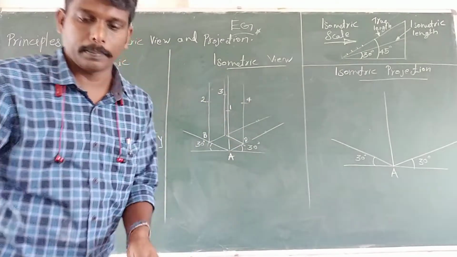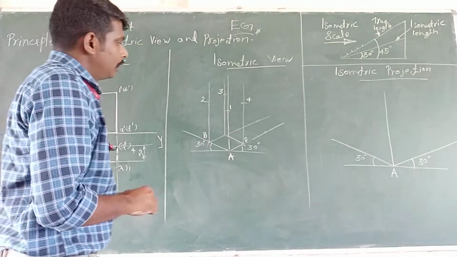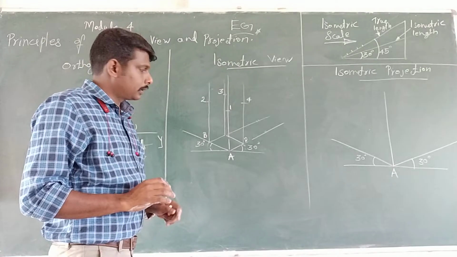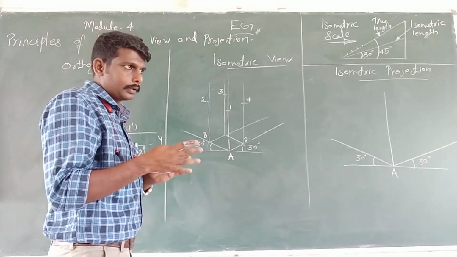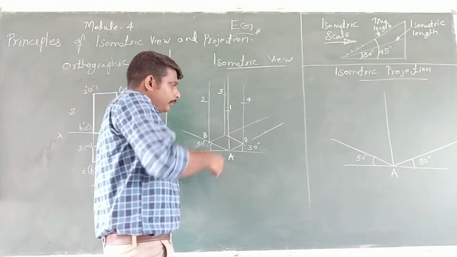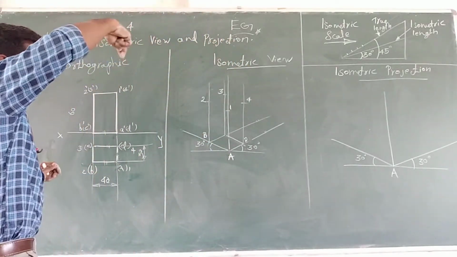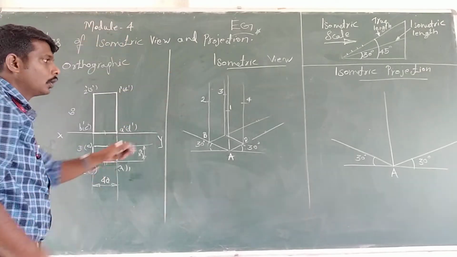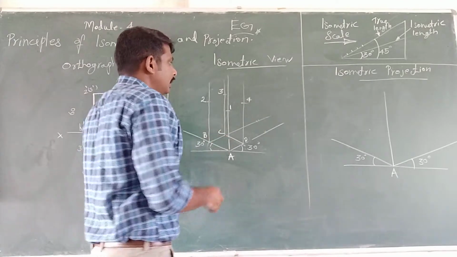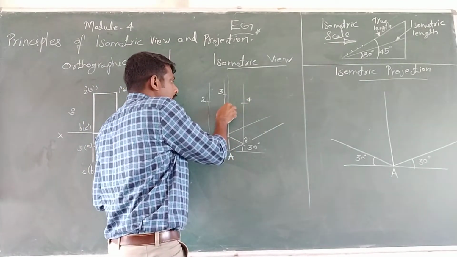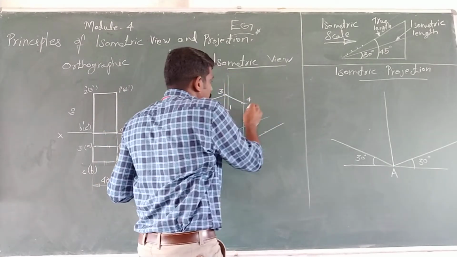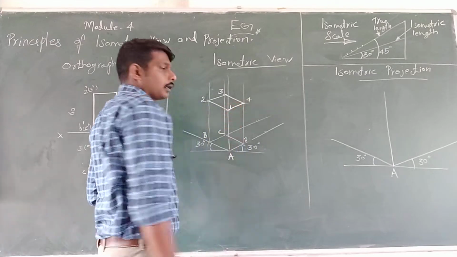Then listen carefully. I already found the 8 corners of the solid. Now I need to find out which are thick lines and which are dotted lines. I am looking at the object, taking the isometric view perpendicular to 1 to C. So definitely the top face, 1 to 2, 2 to 3, 3 to 4, 4 to 1, all top faces are visible.